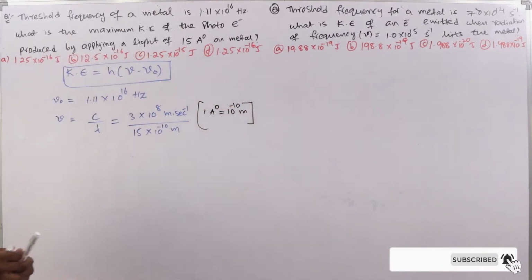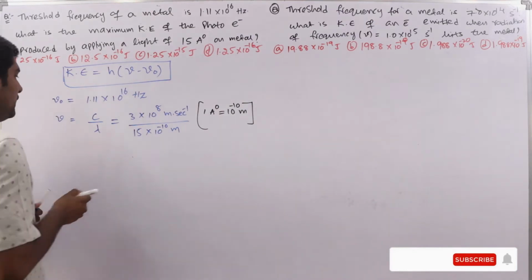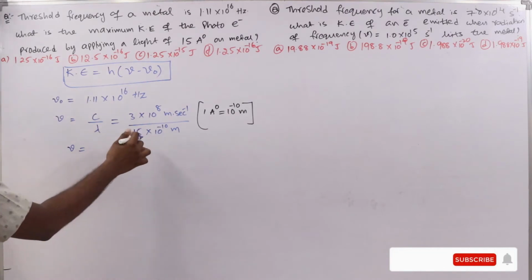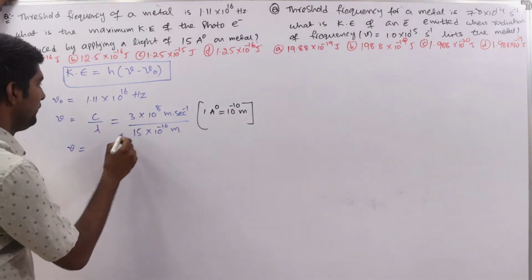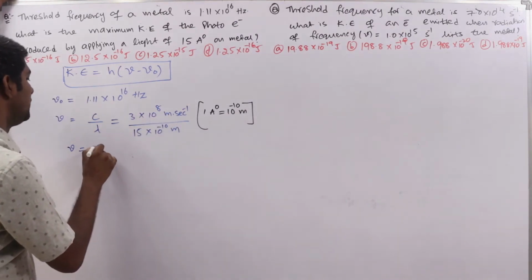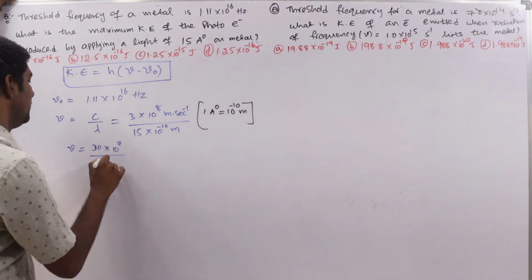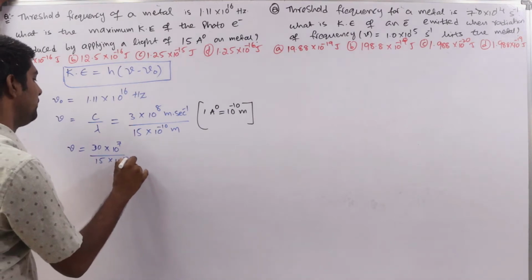Okay, 1 angstrom equal to 10 power minus 10 meters. So therefore here we get nu equal to, so here we can write this one as 30 into 10 power 7 by 15 into 10 power minus 10.